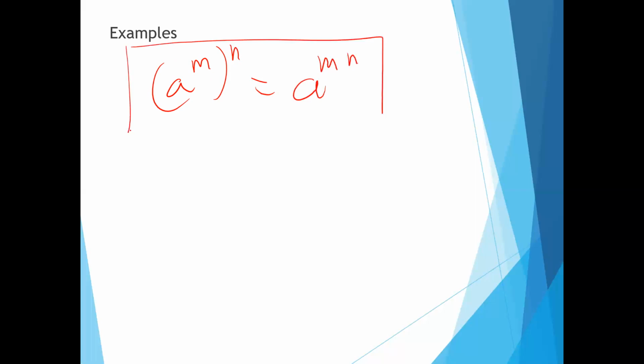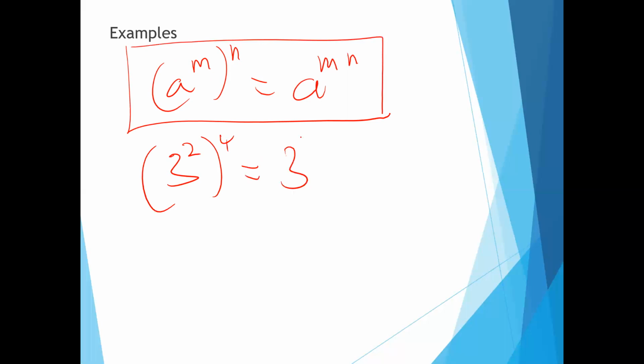So we keep this concept. So that if I have 3 raised to the power 2 with 4 outside, then it becomes 3 raised to the power 2 times 4. That gives me 3 raised to the power 8. That's great. So these are some concepts that we need to look at and keep.